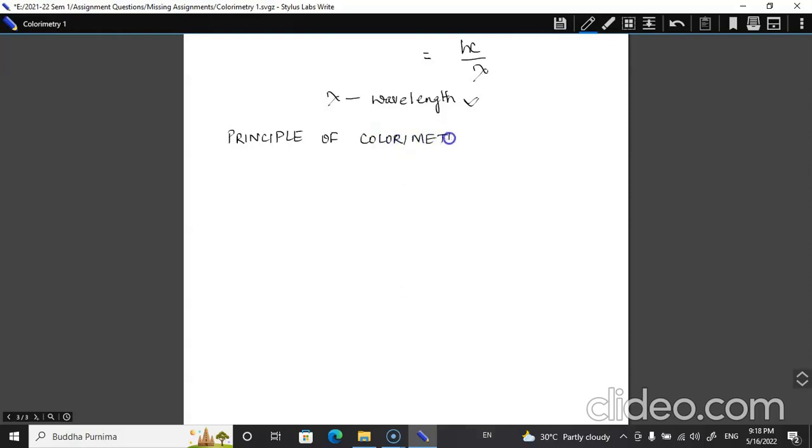This colorimetry experiment is based on Beer-Lambert's law. We will learn about this in unit number 5, so I'll be giving you an overview now, and we will learn in depth later.